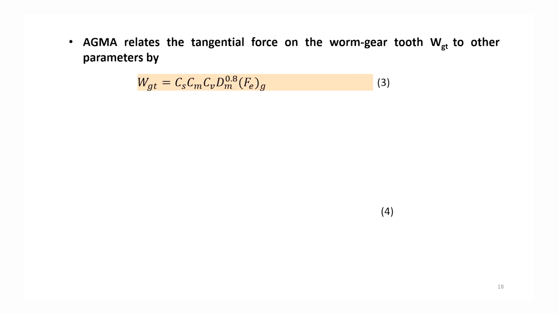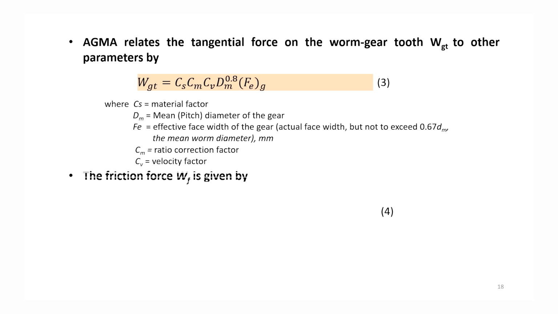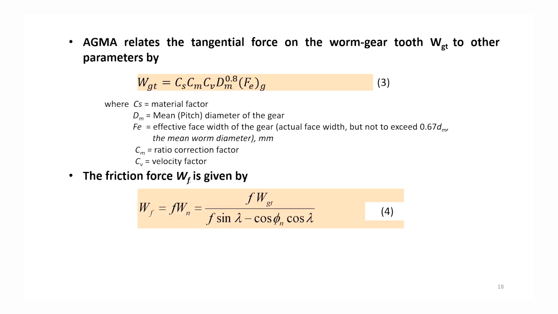The AGMA relates the tangential force on the worm gear tooth WGT to the other parameters given by this, and the frictional force Wf is given by coefficient of friction multiplied by Wn. While conducting the force analysis, we found this frictional force which was acting along the thread, and the Wn was normal to the thread.